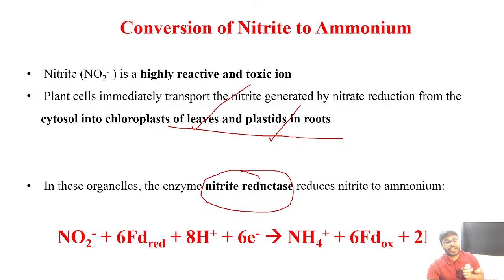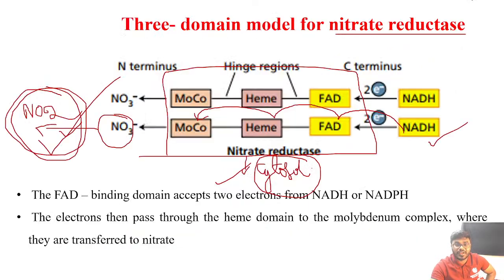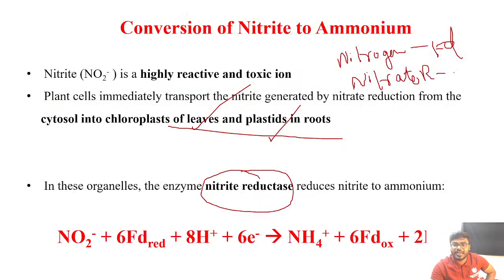Now friends, once again, please listen. You have to remember the electron donor. We already read, right? For the nitrogenase enzyme, what did we read? Ferredoxin. Just now we read the electron donor for nitrate reductase is what? NADH.